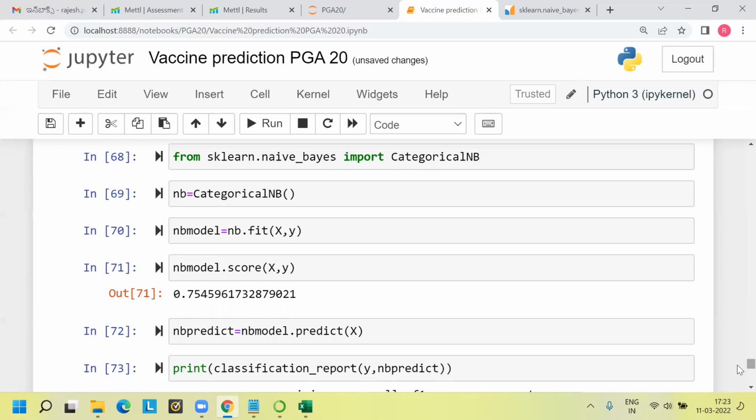That is also another way of checking whether your model is robust or not. One way is cross validation, repeatedly testing the model with subsets of data. Second is you split the data into train and test: X_train and Y_train, X_test, Y_test, train test split. And you can check there also.